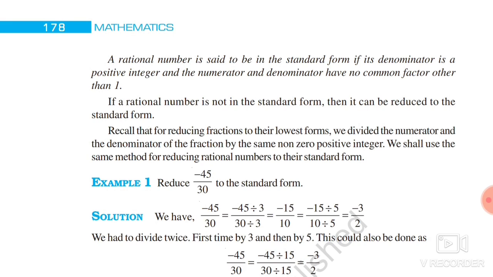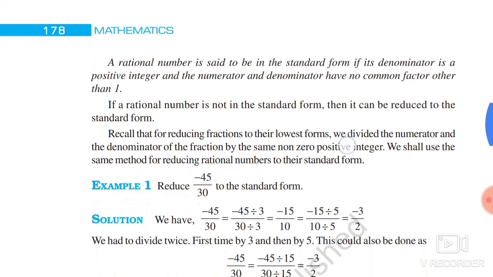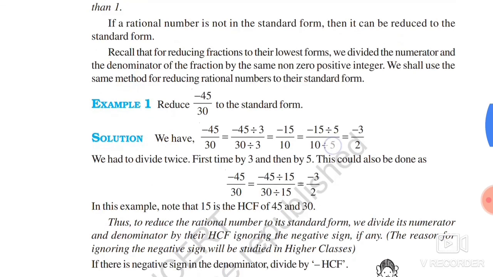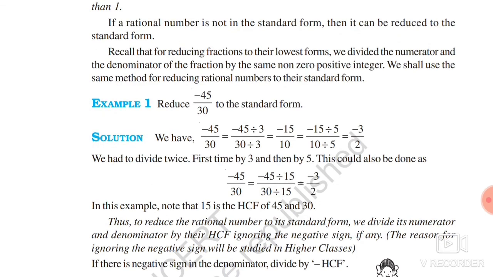Here in the example, the number given is minus 45 by 30. So we can reduce it by dividing by 15. 45 and 30 are in the 15 table. You can see in the second method, or we can do it in this one. If you divide by 15, it is reduced to minus 3 upon 2.